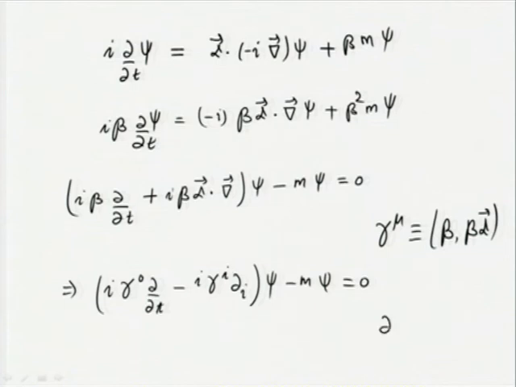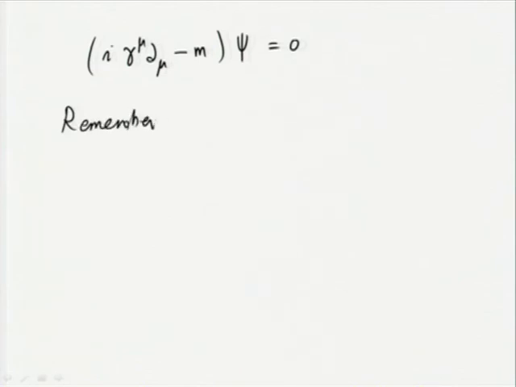Here dou mu is equal to dou by dou t and grad, minus, sorry, this is plus. So, together I can write it as i gamma mu dou mu minus m psi equal to 0. Just to remind you that it is a matrix equation.